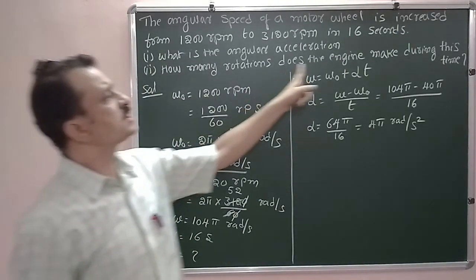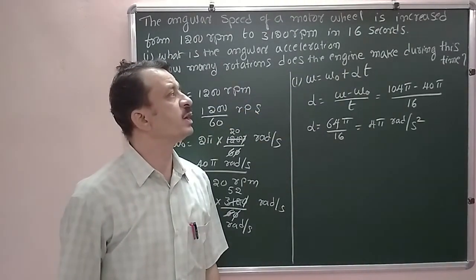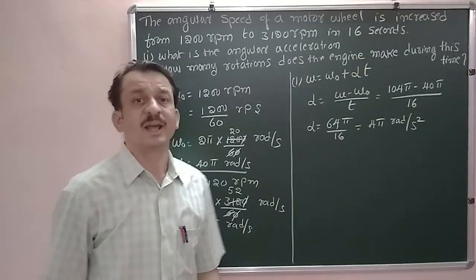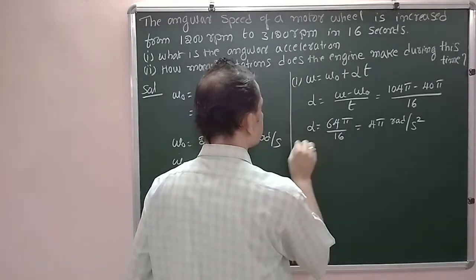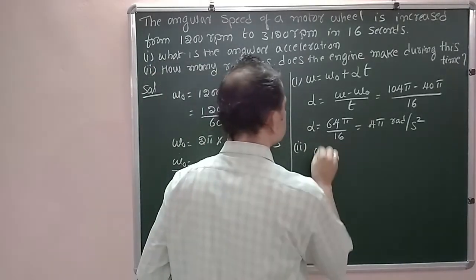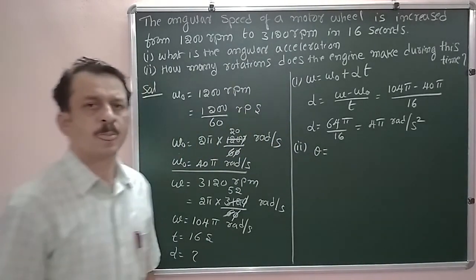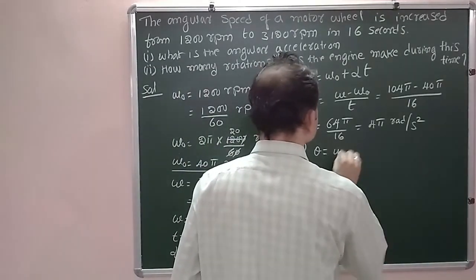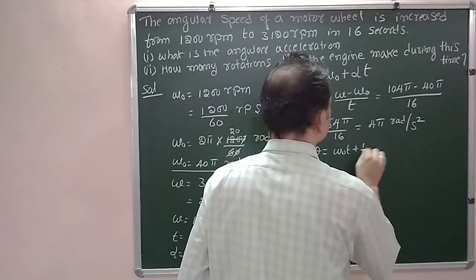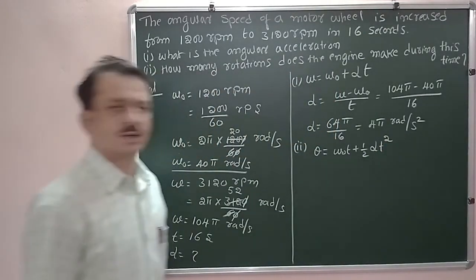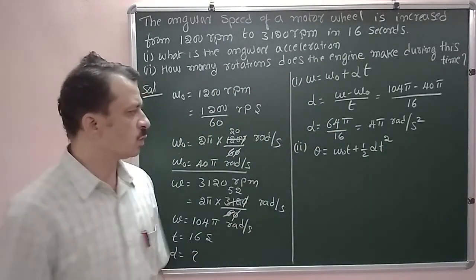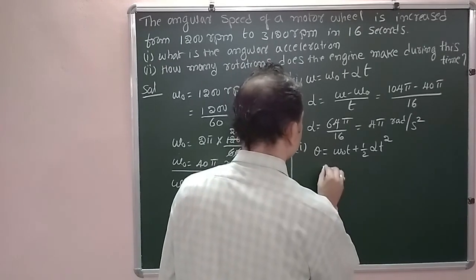Now, how many rotations does the engine make during this time? That means we have to calculate the displacement. The angular displacement theta is given by omega naught t plus half alpha t square. With that formula, we can work out the displacement.